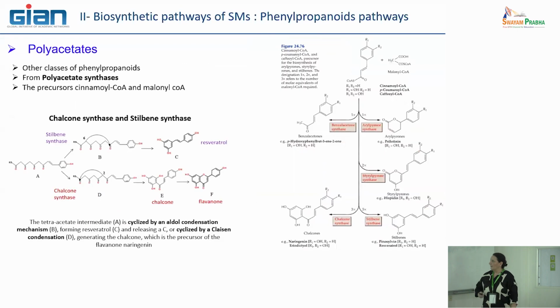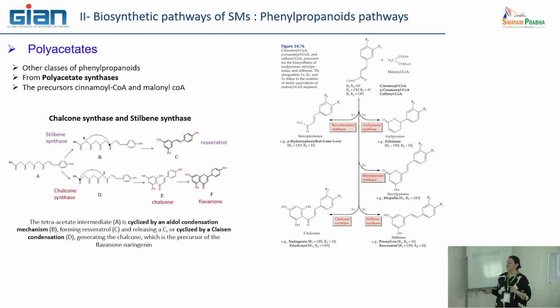Well, and also in this case, I just wanted to speak about polyacetate, because in the class of phenylpropanoids, there are some that come from this special activity, polyketide synthase. And you can see here that it is what I said to you: it depends on the enzyme that is involved.